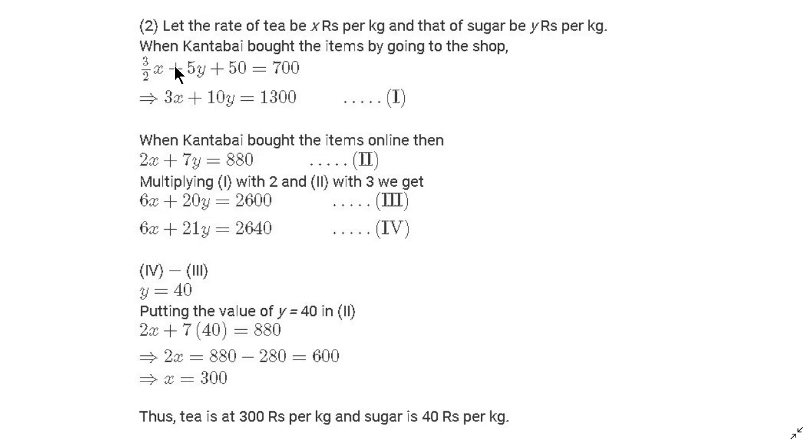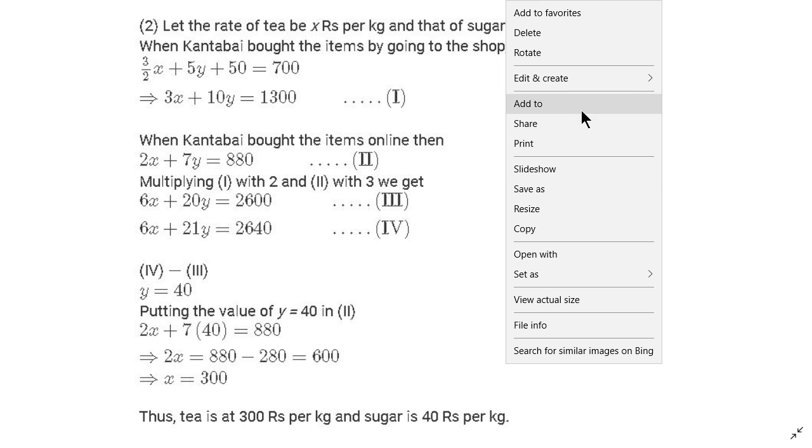What happened is Kantabai bought 1.5 kg. 1.5 kg means 3 by 2. How to convert this?